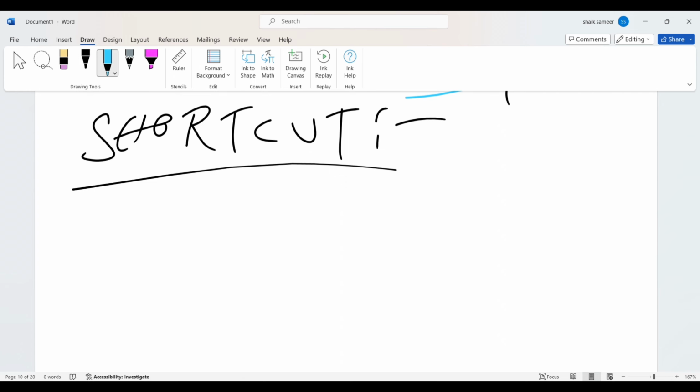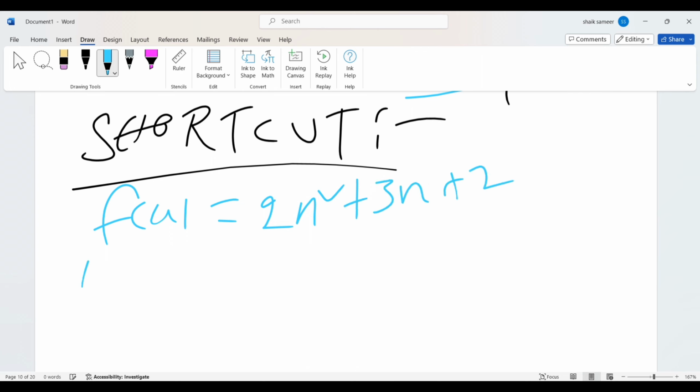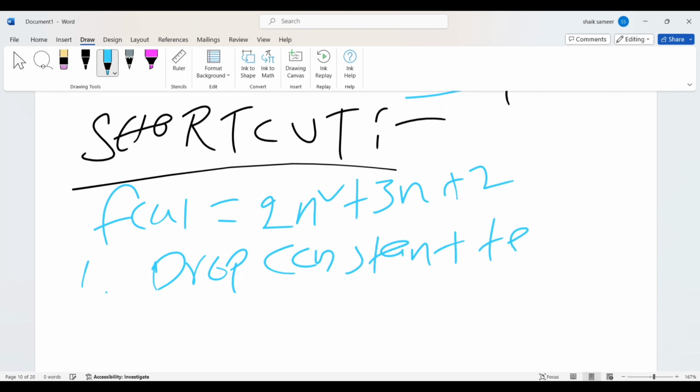Given f of n equals 2n square plus 3n plus 2. I told you the first rule: drop constant terms. So drop the constant 2, and it becomes 2n square plus 3n.